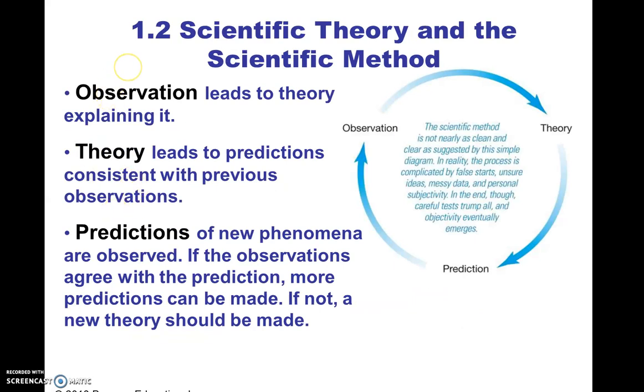Right, so this is this famous circle. Basically you have observation, and then you look at something in nature. You come up with a theory, which is just an idea that tries to explain it, and the theory should come up with some predictions. The observation and coming up with ideas or theories, that's thousands and thousands of years old.